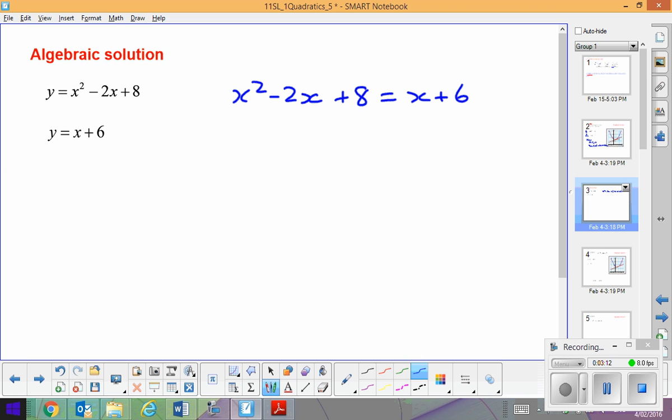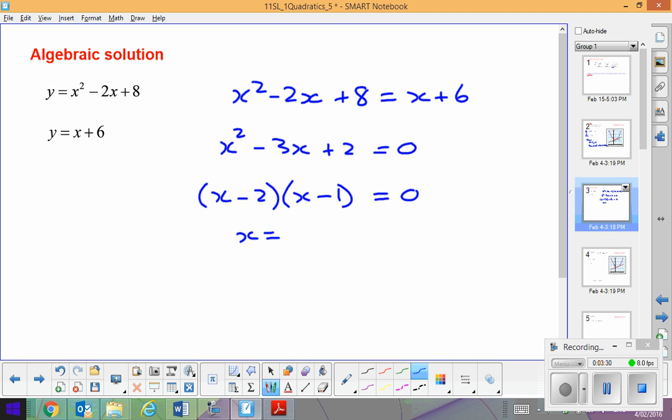Bring everything over to one side: x squared minus 3x plus 2 equals 0. Solve that with whatever method you like. You can see it easily factorizes. So x is equal to 1 or 2.